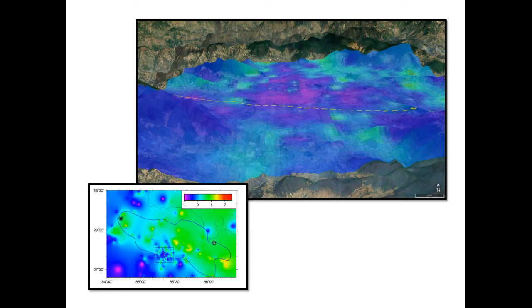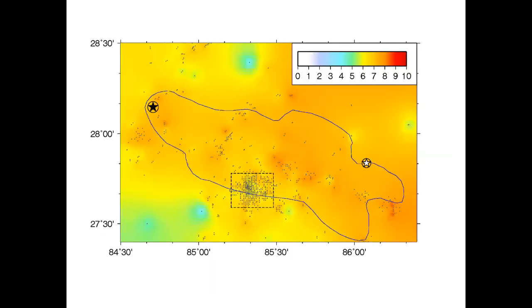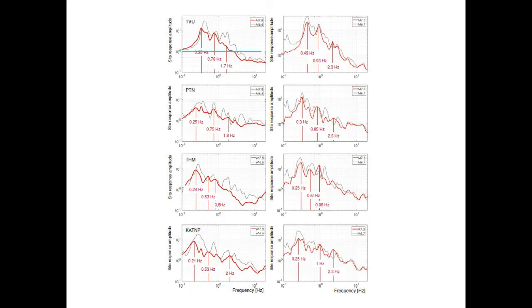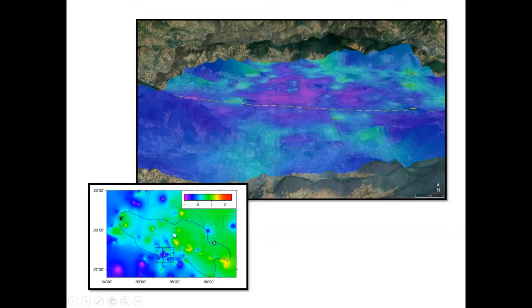Another way to see that more clearly, if you take this intensity map and subtract out a baseline, you can look at the residuals. So you can compare this to a map of the predicted shaking and look at the residuals. So where was the shaking relatively high or relatively low compared to what we would expect? So this is a map of residuals.